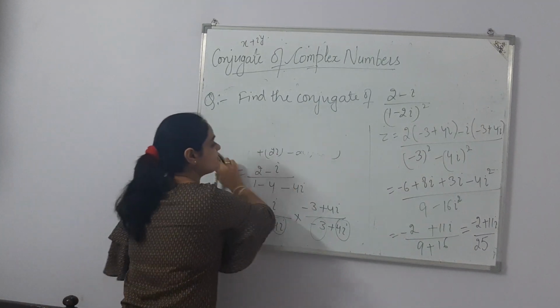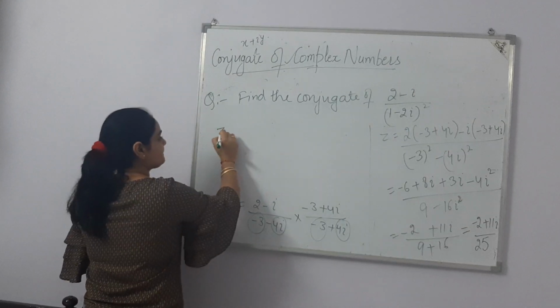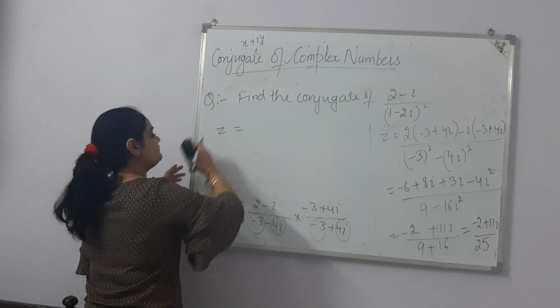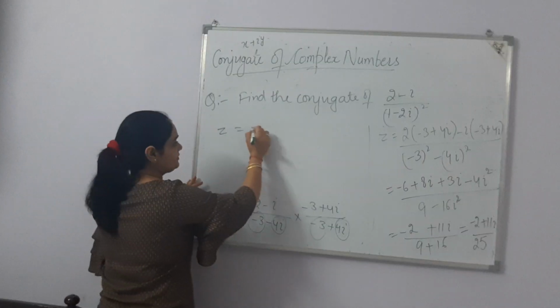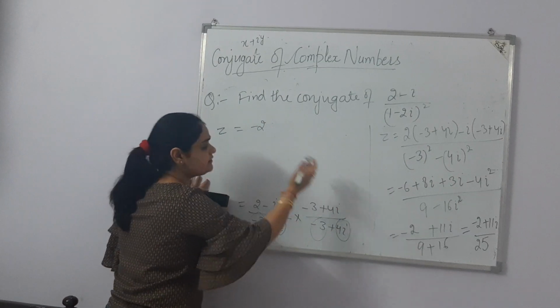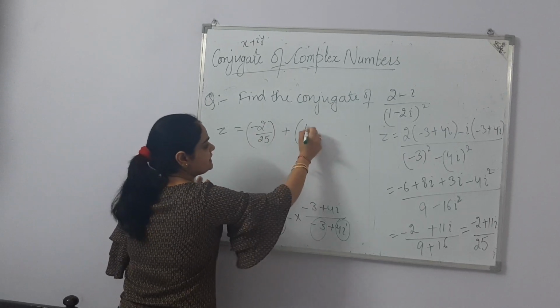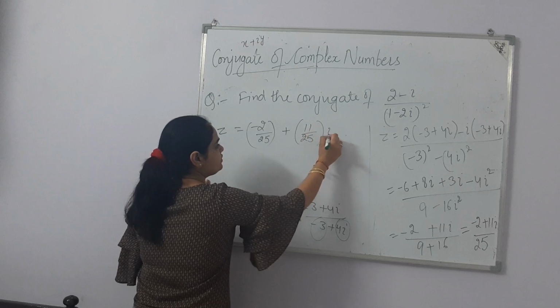So last step is z's conjugate. First of all, we'll segregate, that means we'll form it into the standard form. So minus 2 by 25 plus 11 by 25 iota.